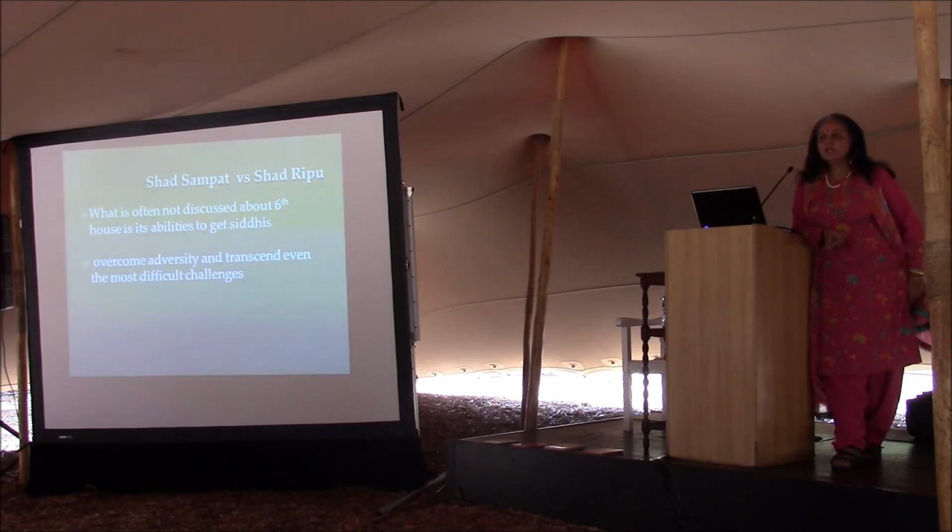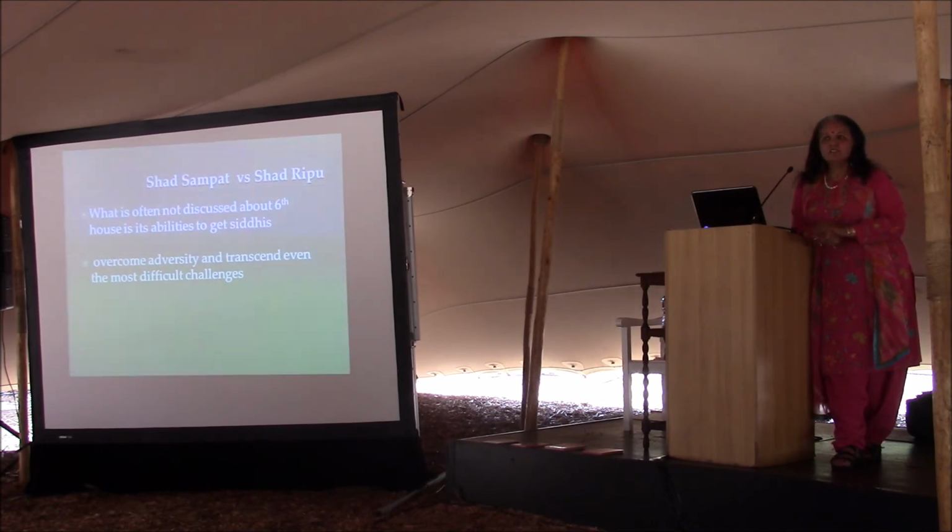Siddhis are called accomplishments. The most famous person who showed his siddhis was Sai Baba. He could bring anything out from anywhere. In the Vedic texts, they talk about people having the ability to become small, to become big, to travel from here to the USA without a flight, to be in two places at the same time.